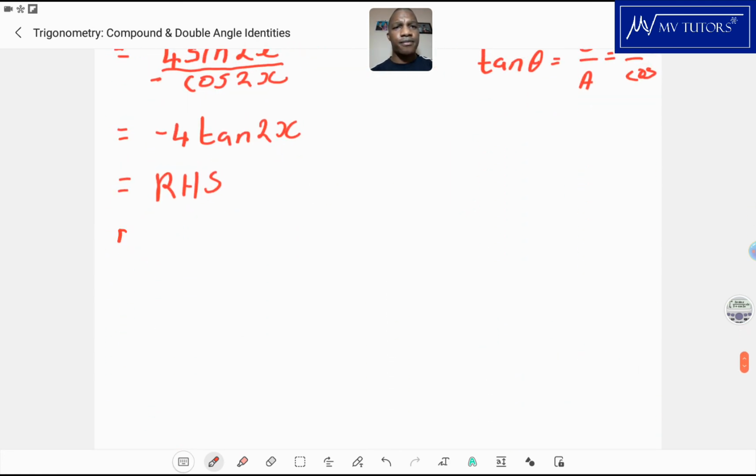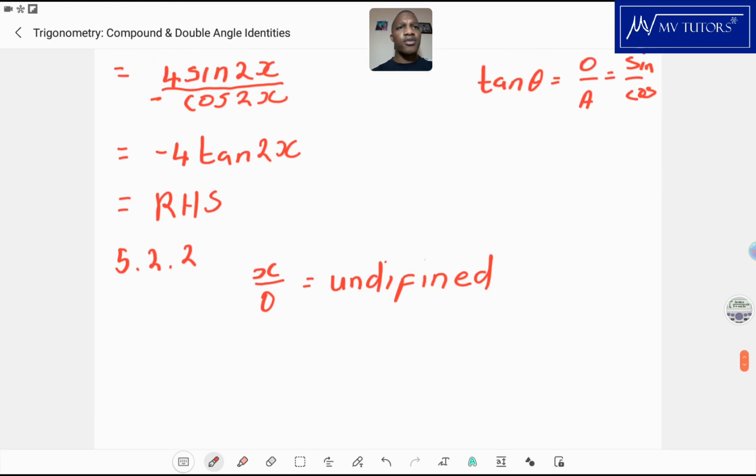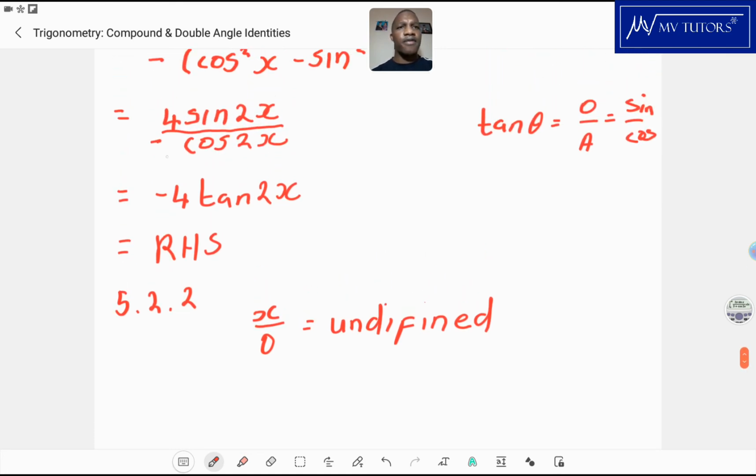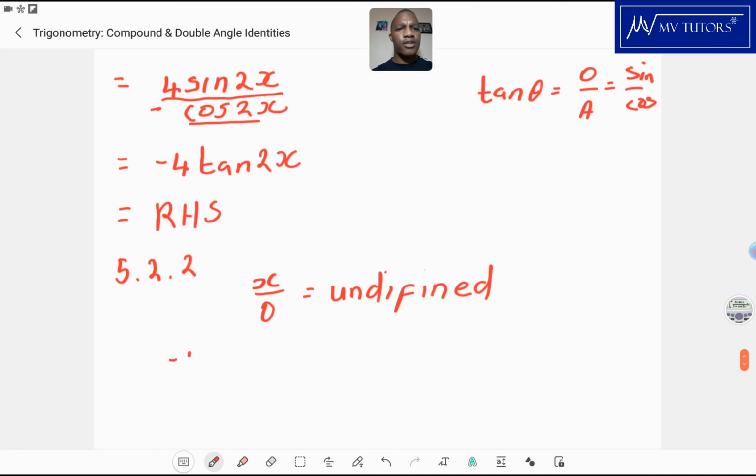Okay, so that's 5.2.2. For something to be undefined, it has to be divided by 0. So let's look for a fraction. We can see that we have a fraction over here: tan 2x is equal to minus 4 sine 2x over cos 2x.